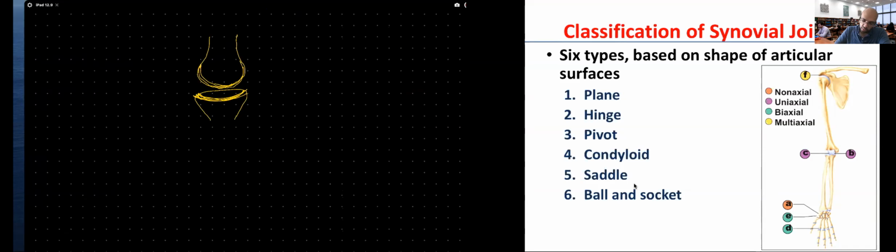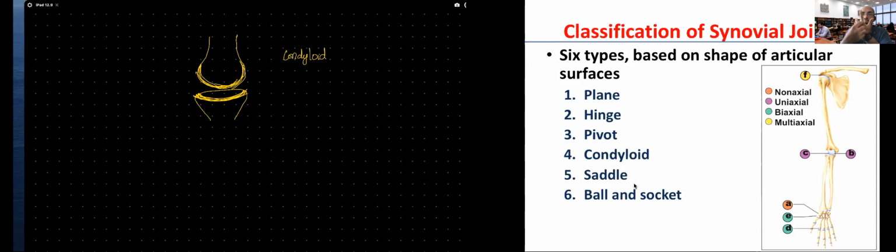Again, we're looking here at another type of synovial joints that we've seen last class. This was the condyloid or ellipsoid joint. Remember, I have one convex surface and one concave surface articulating together.